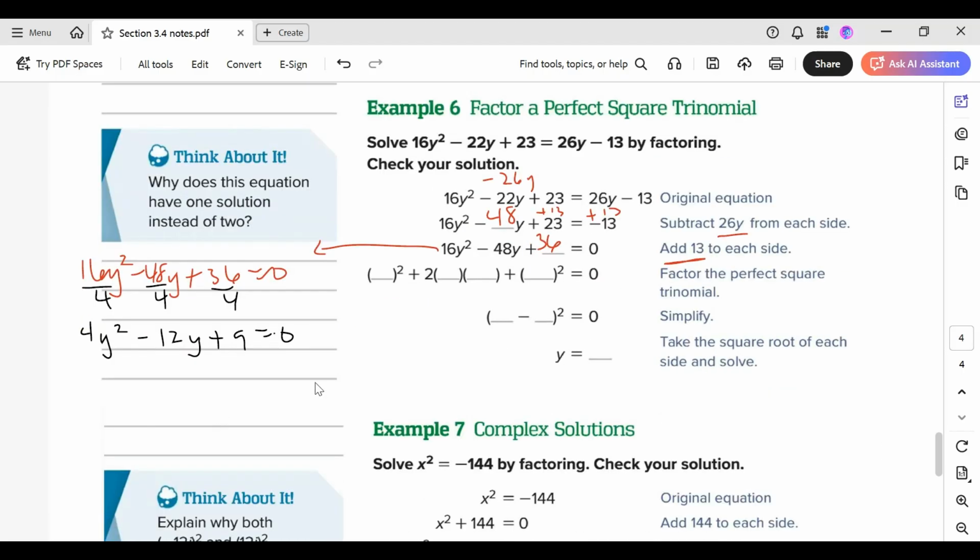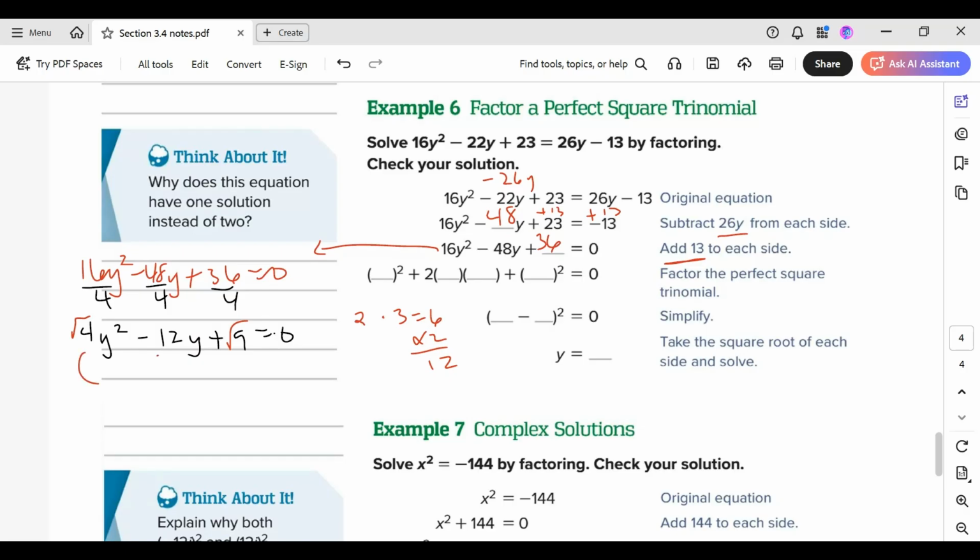Now I notice that I can take the square root of the 4 and the square root of the 9. Square root of 4 is 2, square root of 9 is 3. If I multiply them, I get 6, and if I double, I get 12, which is the middle number.